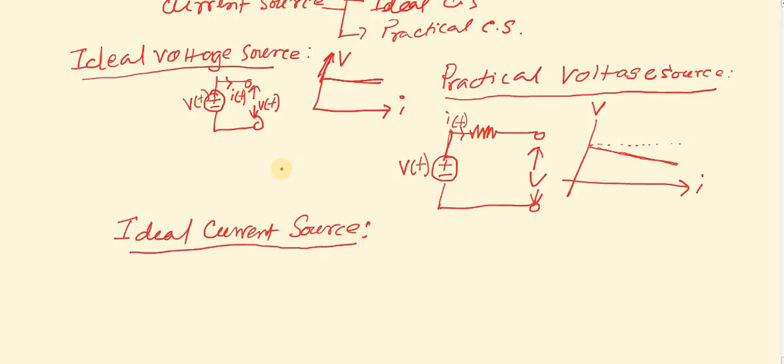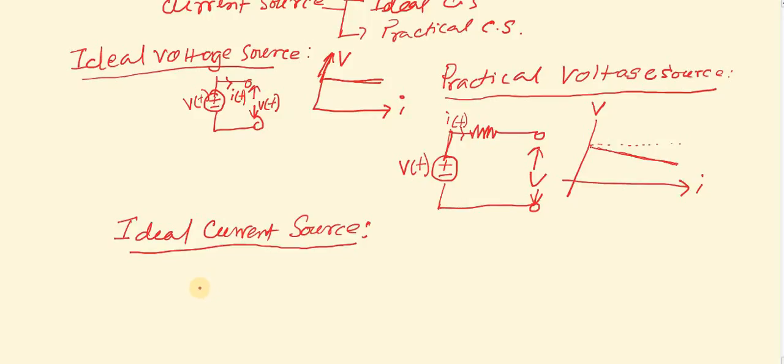Similar to the ideal voltage source, for an ideal current source a specific value of current always remains constant.